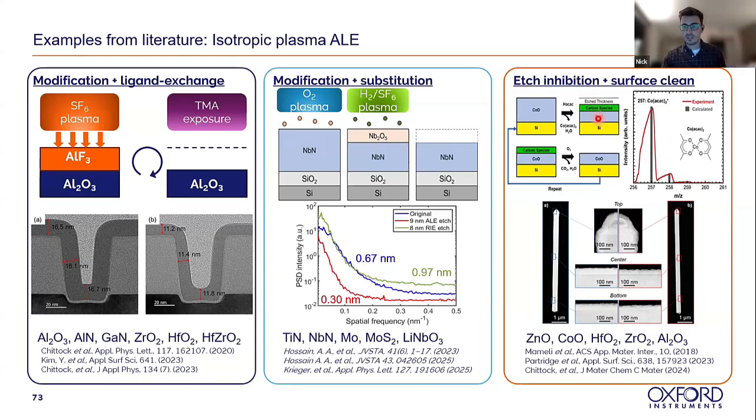In this case, they used a cobalt precursor, and it forms a carbon etch stop layer. They then used ozone to remove that carbon species and were then able to continue the etching. They were able to experimentally show that it was actually the cobalt ACAC that was coming off the surface. And people have shown that this very nicely works as an isotropic process.